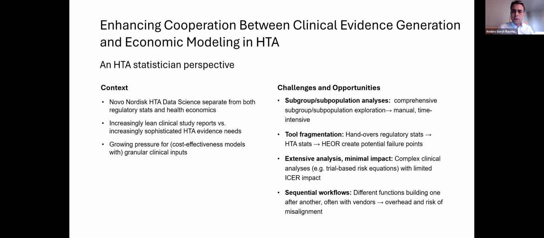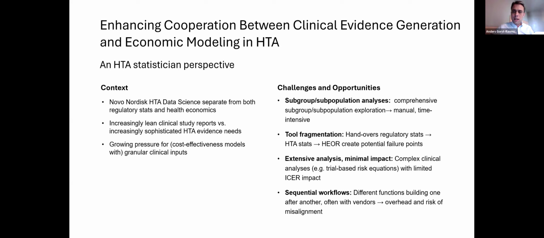And that leaves a function such as mine, sitting in between the regulatory statistics side of things and the HOR, a little bit in the squeeze, because with a lot of things we basically have to start from scratch.